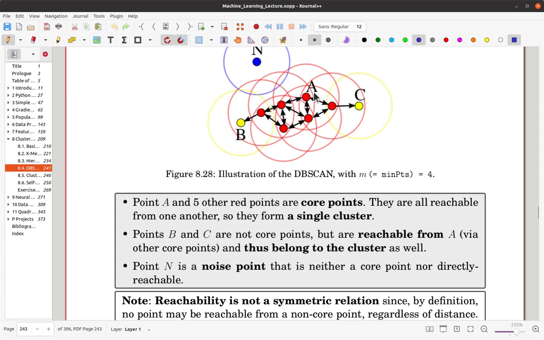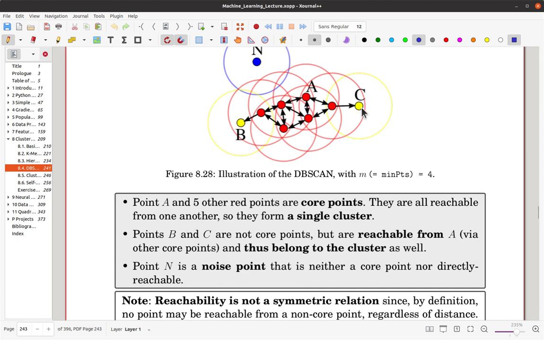You can go this way or that way, and B is reachable from any of these core points. Similarly, C is not a core point because its epsilon neighborhood has only 2 points. However, it is reachable from this core point, so it is a border point and boundary edge.